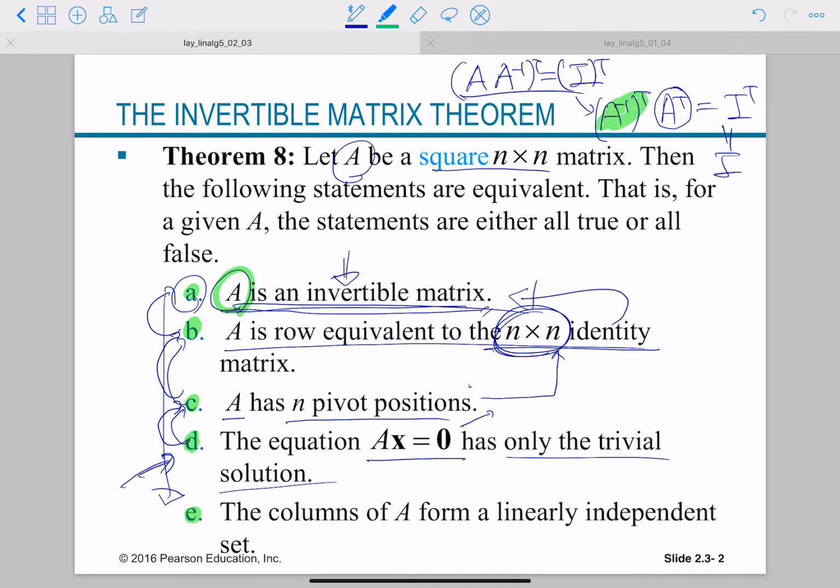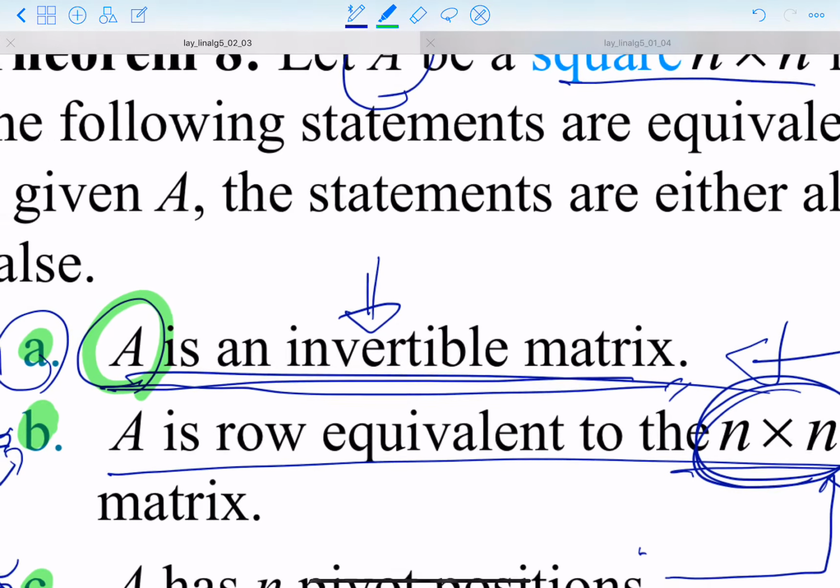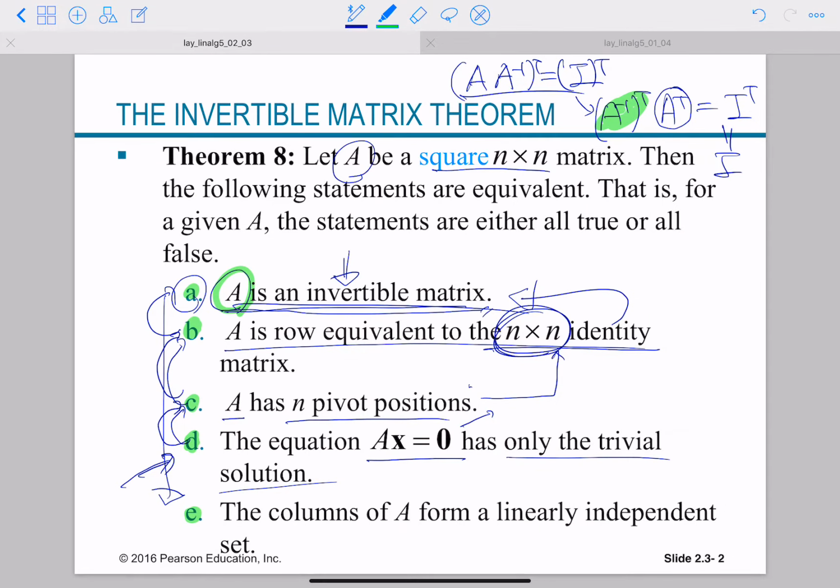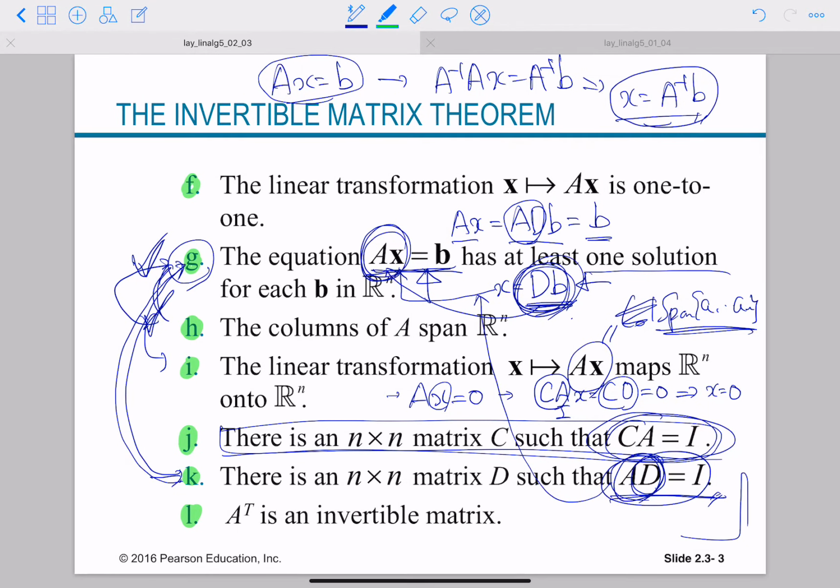In other words, A is an invertible matrix, and starting from A, we can arrive at L: A transpose is an invertible matrix. We can also prove the other way around, right? If the inverse of A transpose exists, then A inverse will also exist.